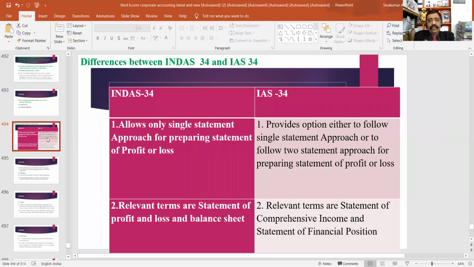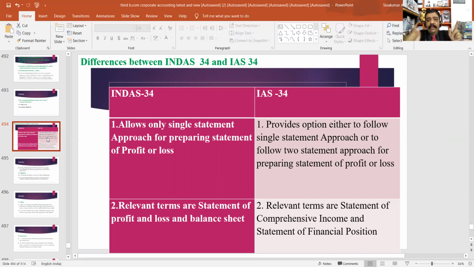Now we have to discuss the differences between Ind AS 34 and IAS 34. There are some differences between those two accounting standards. First, Ind AS 34 allows only the single statement approach for preparing the statement of profit or loss.